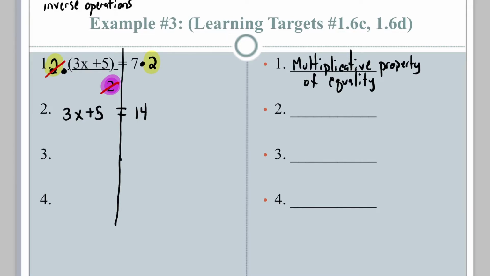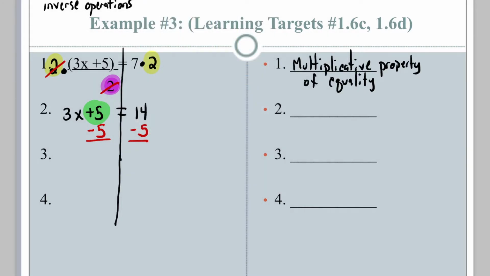By looking at the 5, I know that it's a plus 5. And if I want to remove the operation of addition, then I know that I can subtract. But if I subtract on the left side, I also have to subtract on the right side of the equation.